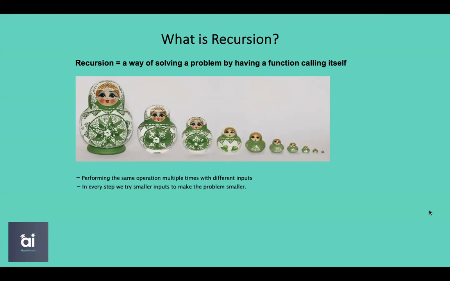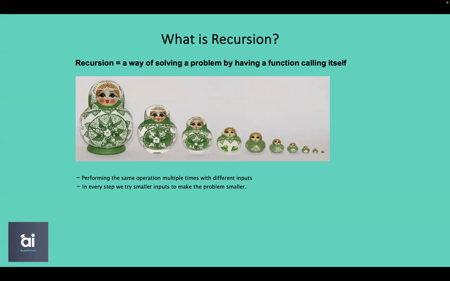Now the second property of recursion is that in every step, we try smaller inputs to make the problem smaller. Similarly, in the case of opening the Russian dolls, we try to make the problem smaller. Now you might be wondering, why are we making the problem smaller?